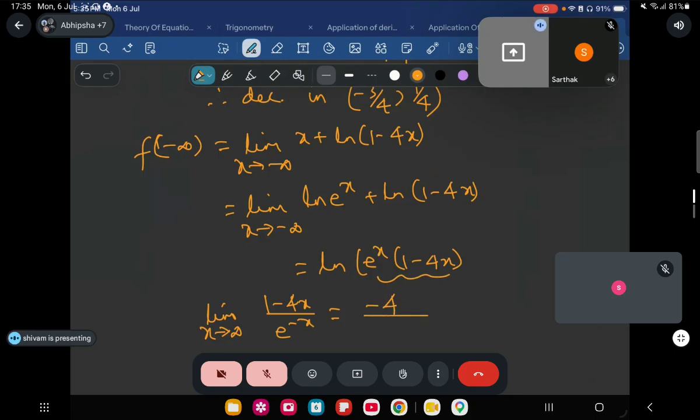Minus 4 by minus e to the power minus x. These two get cancelled. When you substitute minus infinity over here, the denominator is coming as infinity. This is tending to 0 plus.